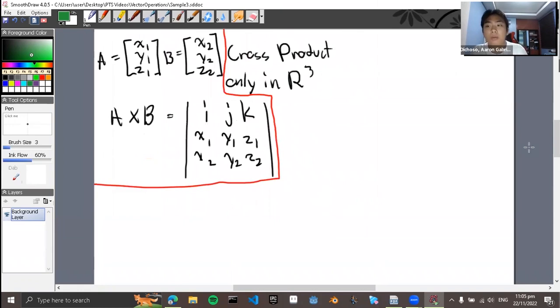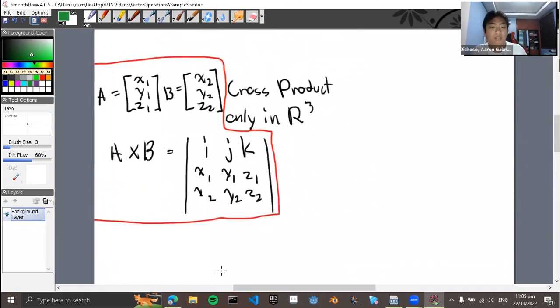Lastly, we are going to talk about cross product. Cross product here, it is defined as the determinant of this matrix. It is only observed in R3, or yung mga 3-dimensional vectors natin.